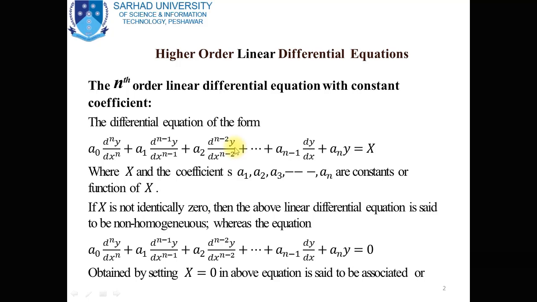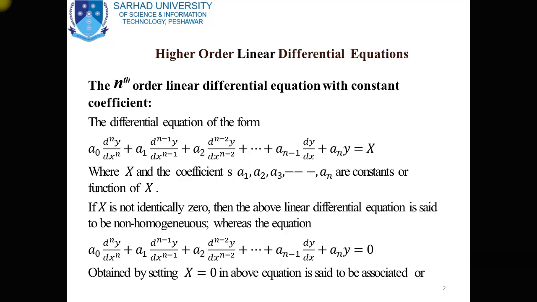The nature of the roots can take four different forms, so the complementary solution will also take four different forms. But in this lecture today, we have only discussed the case when the equation is homogeneous with constant coefficients and the roots of the auxiliary equation are real and different.